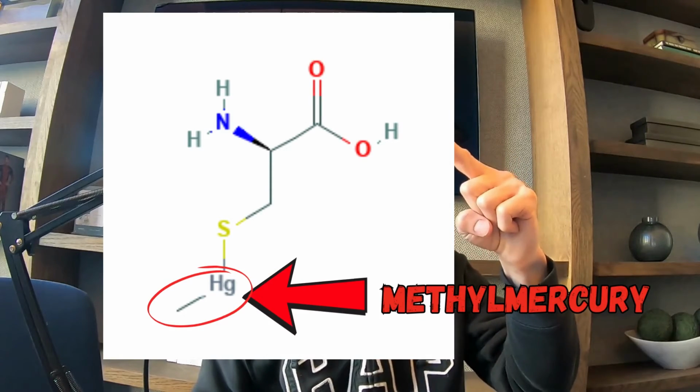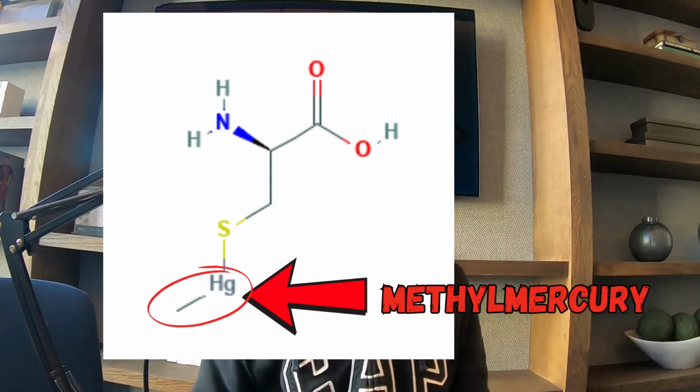All right. So going back to what we talked about before with cysteine, the molecule of cysteine and the thiol group, well, mercury has a high affinity for the thiol groups, all right? They really get attracted to one another. And the mercury can bind to the thiol group of cysteine. Right?